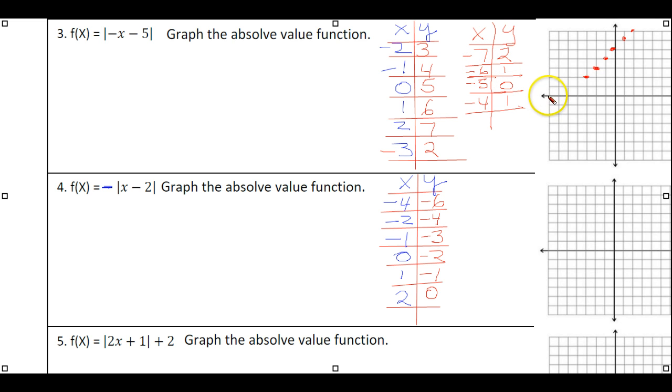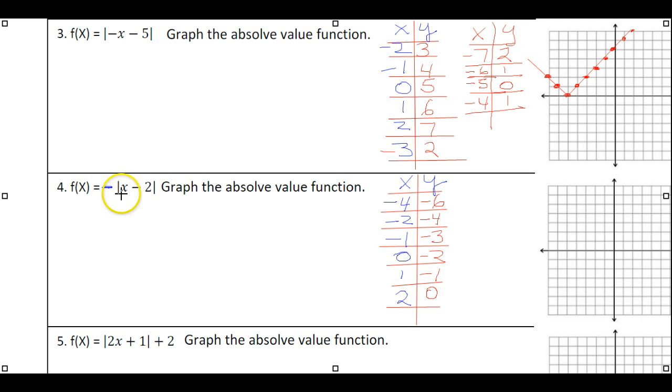Let's do -7, which is out here, up 2. -6 is 1. Now -5 is 0. -4 is 1. Okay, there I'm getting my V shape for my absolute value, and it looks like so.